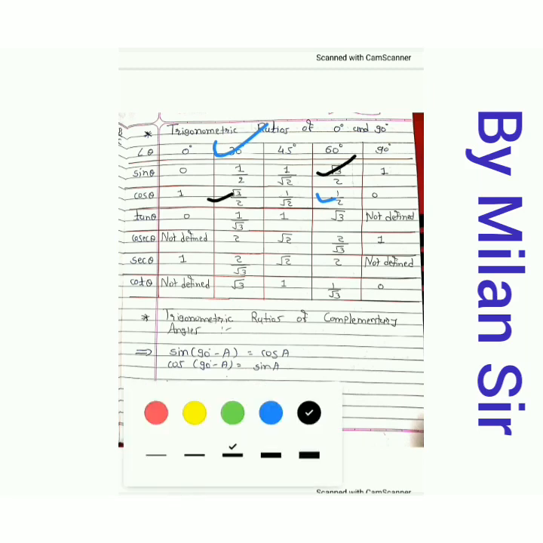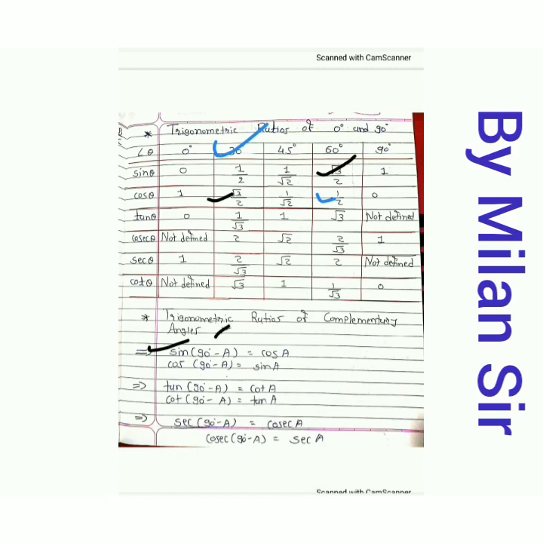If you take sin(90 minus A), then it becomes cos A, and cos(90 minus A) is equal to sin A. You can check by this value.